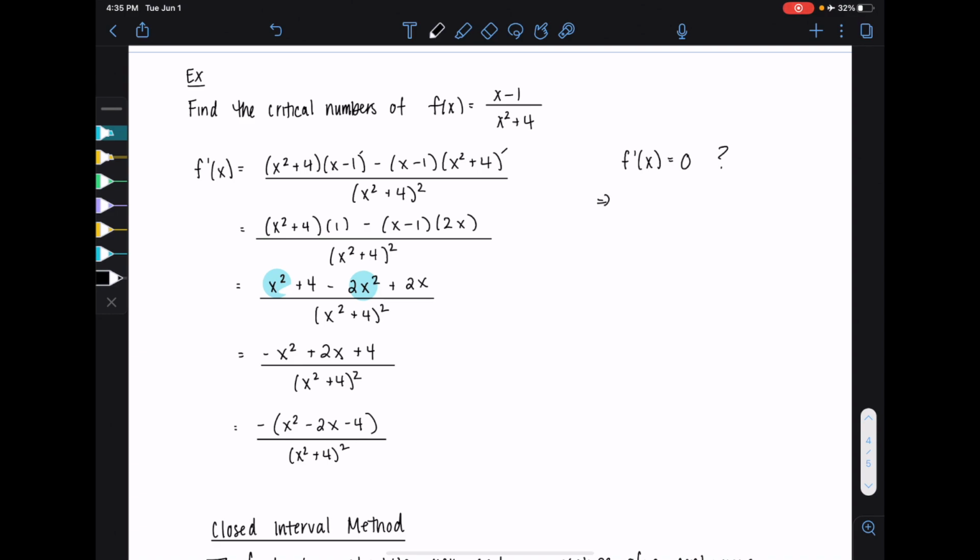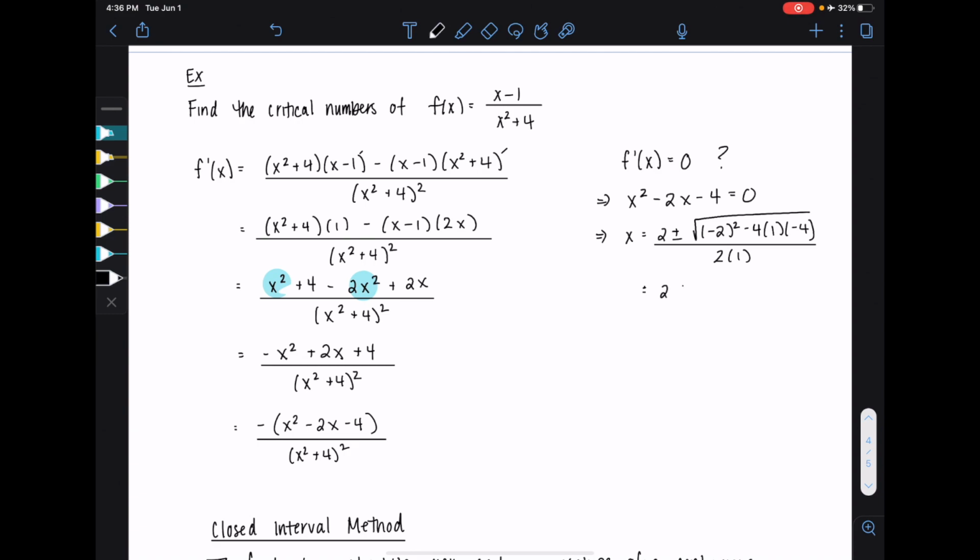You really need x squared minus 2x minus 4 to equal 0. That's a nice quadratic. We can go ahead and use the quadratic formula. That's going to be negative b plus or minus the square root of b squared minus 4ac all over 2a. And then we just simplify.